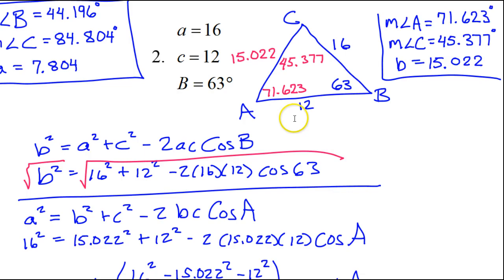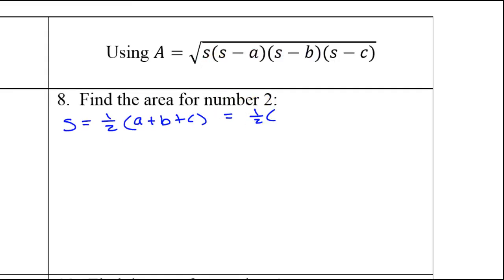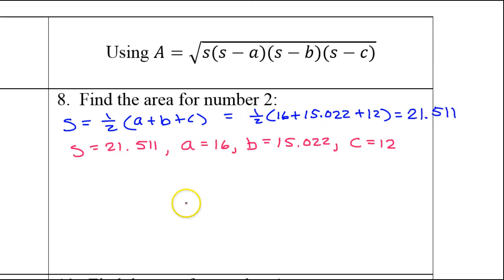So in this case, that's going to be 1/2 times 16 plus 15.022 plus 12. Alright, so put that in your calculator. So I got 21.511. So that's S.